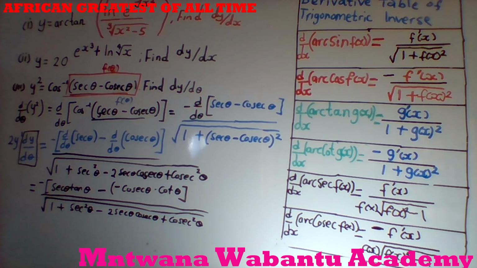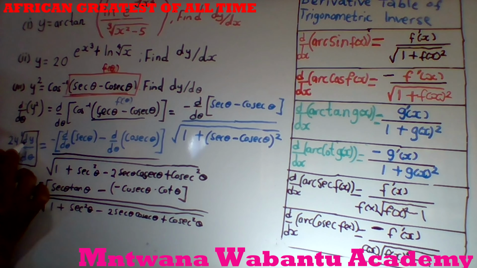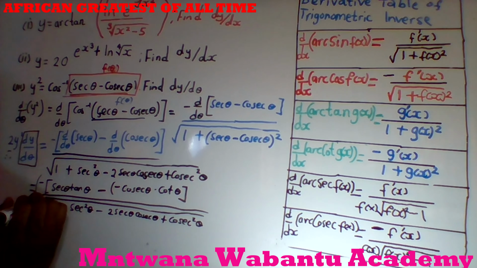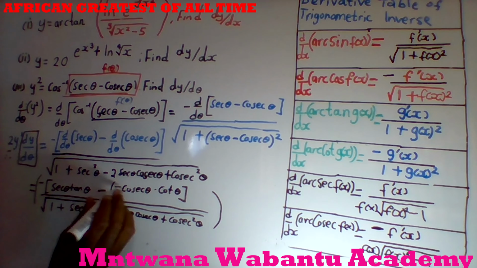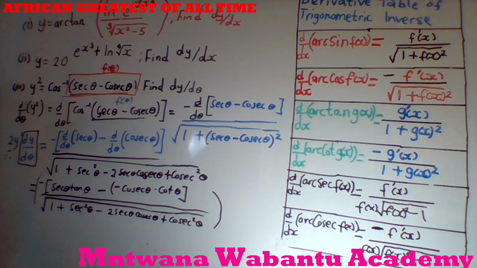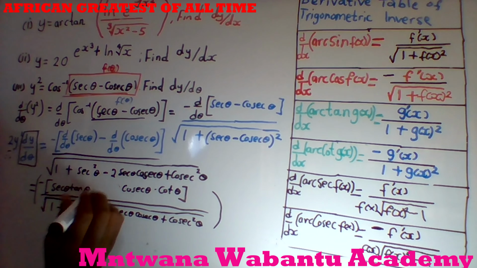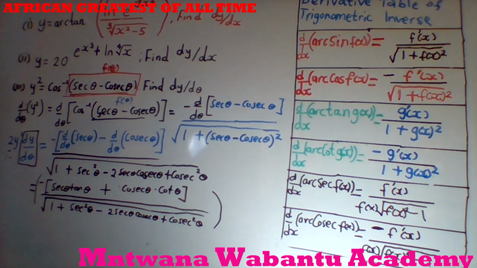Next step, remember, I want to get dy d theta, so I have to divide by 2y. Negative and negative is going to give us plus, so I'm not going to write this negative anymore. And then I can multiply this if I want.